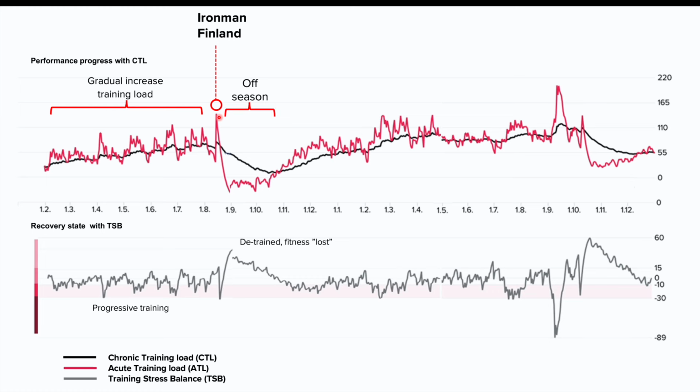And after this, you can see the off season, so chronic load decreases, the training load is very low for a couple of months, and fitness in a sense is lost, and the new beginning starts in the autumn. You can see again a very nice increase from autumn until spring, and you can see that the training stress balance is mostly negative.